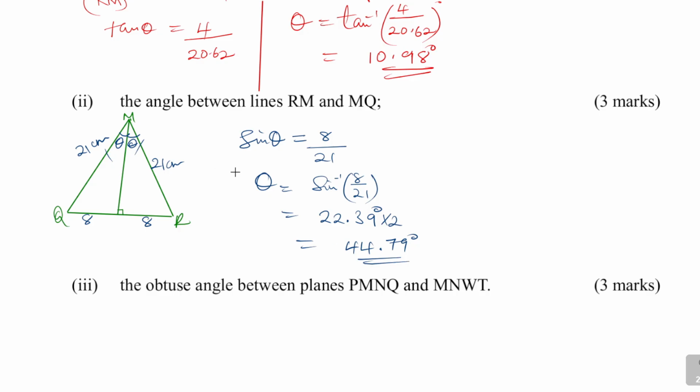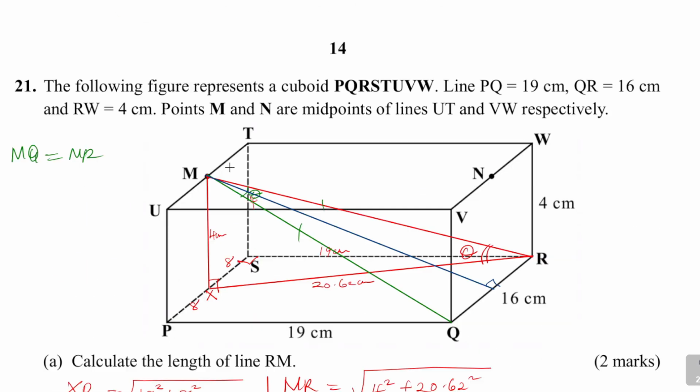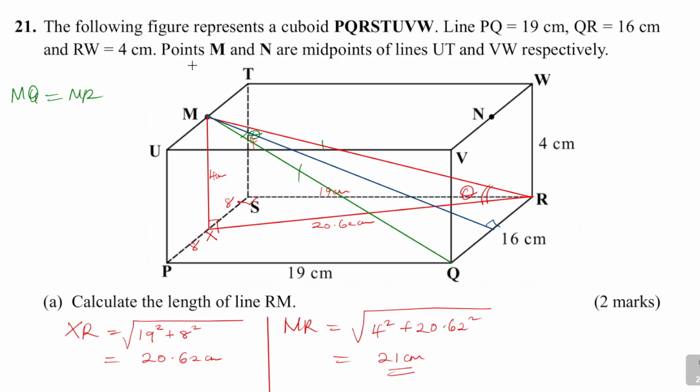We go to part 3 of the question. The obtuse angle between planes PMNQ and MNWT. I'll have to draw that. So we have P, M, N, and then Q. Just be very keen with that figure.